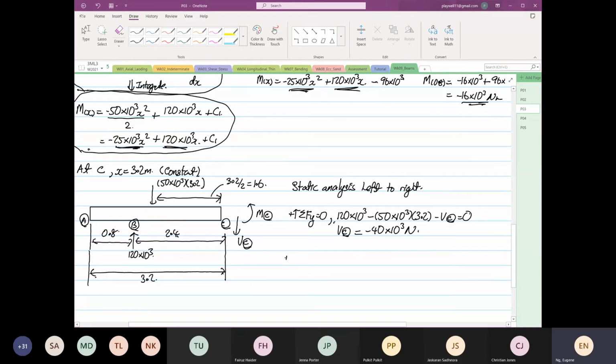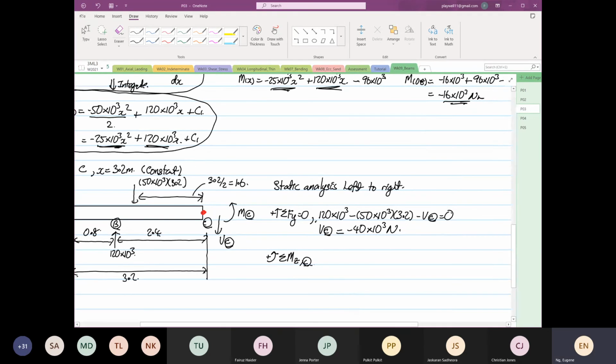Then we do moment about Z at point C. So I know, old tape recorder, this is where the datum is, right? So now we are looking at 120. So 120 is going to be negative. So this will be equal to minus 120 times 10 to the power 3 multiplied by 2.4, right?